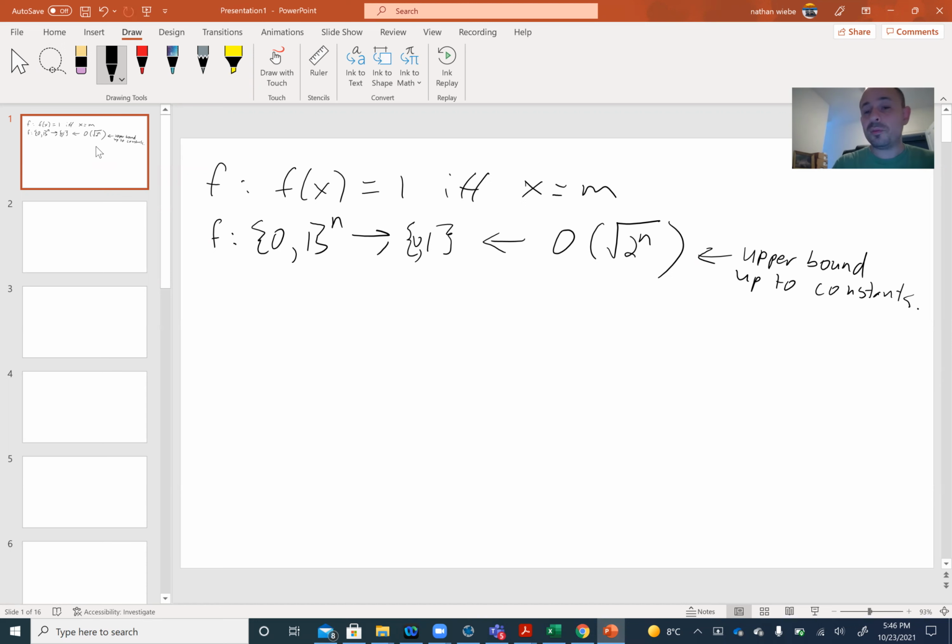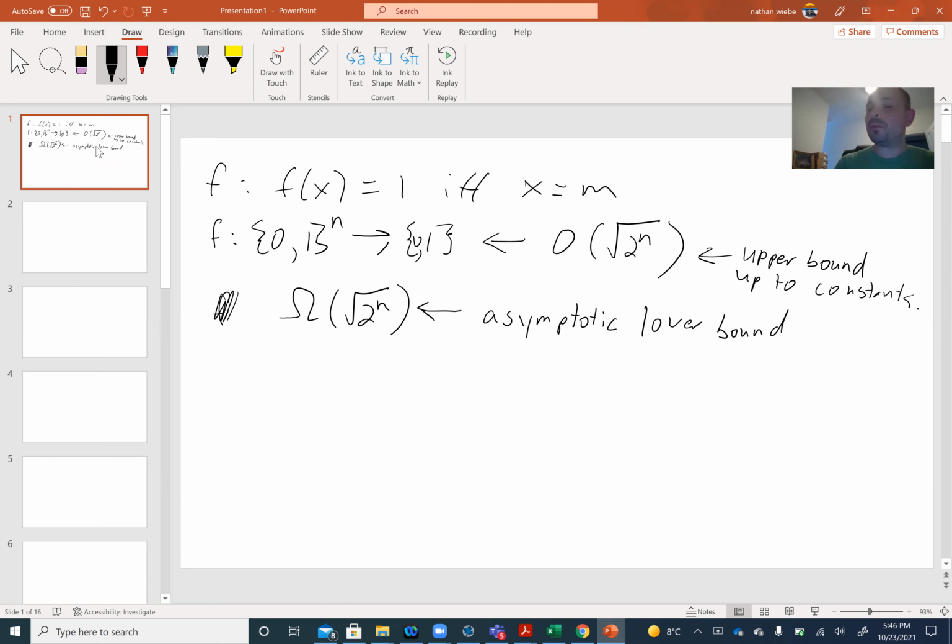Now, because we're going to be talking about lower bounds, we'd like to be able to say that the search problem requires a number of queries that goes like Omega of square root of 2^n. This is an asymptotic lower bound.